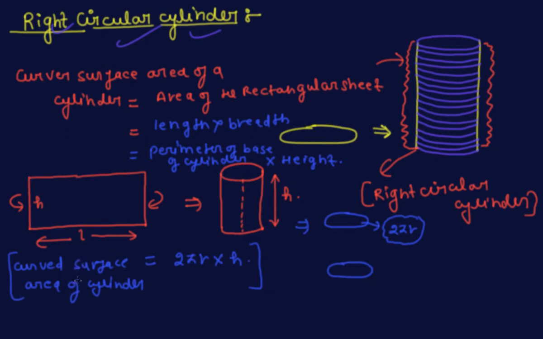Now I discuss the total surface area of a cylinder. The curved surface area is 2 pi r h. The total surface area is the CSA plus 2 base areas.